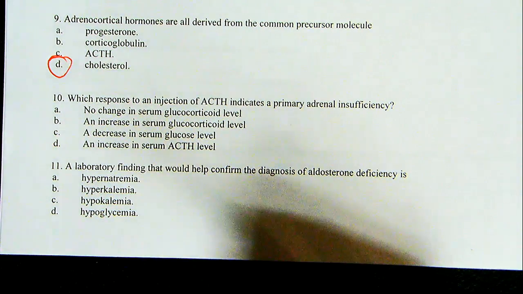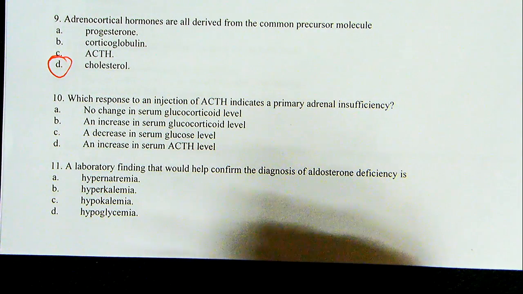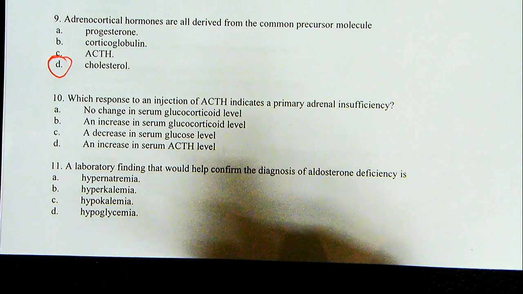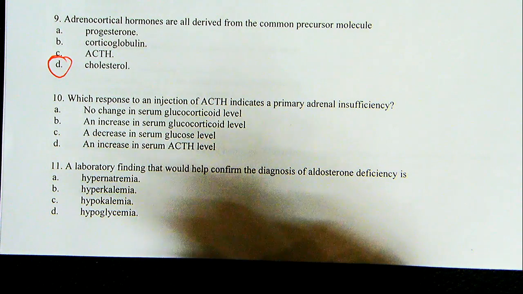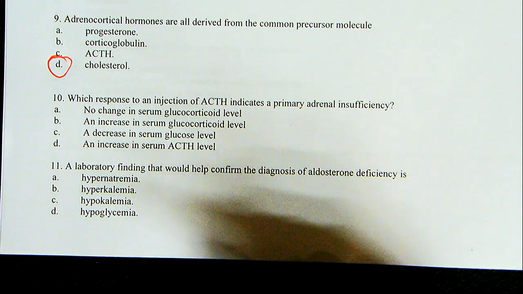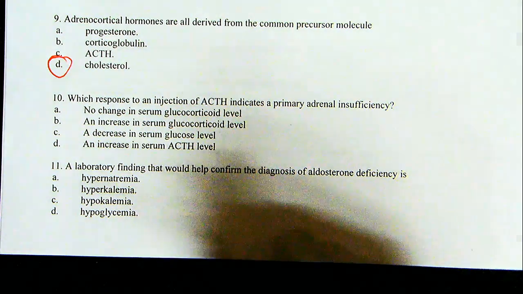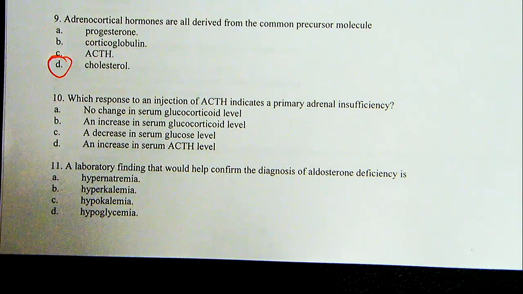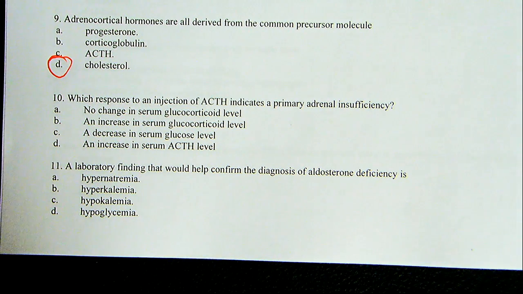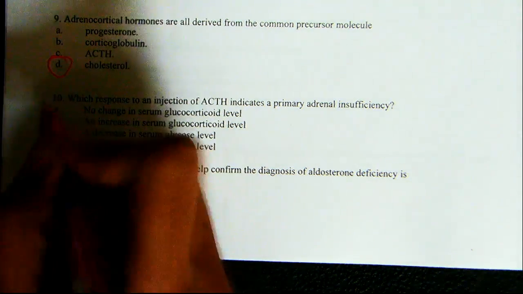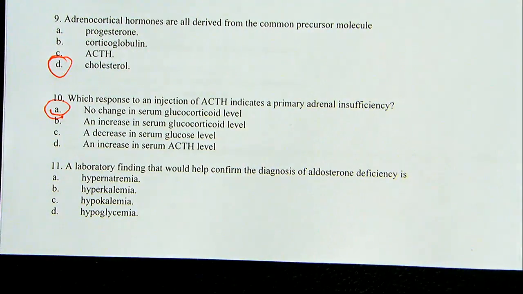Which response to an injection of ACTH indicates a primary adrenal insufficiency? The answer will be A. No change in serum glucocorticoid levels.